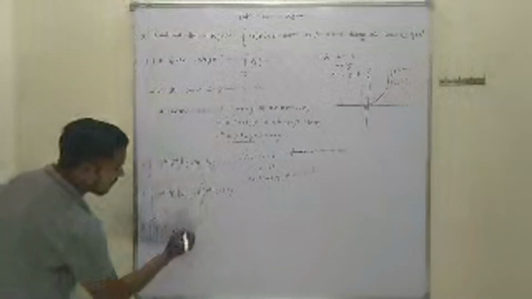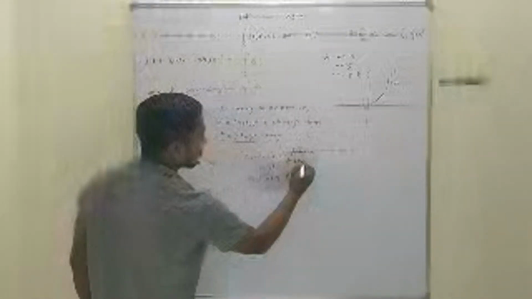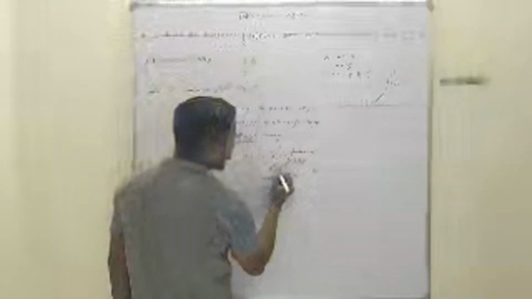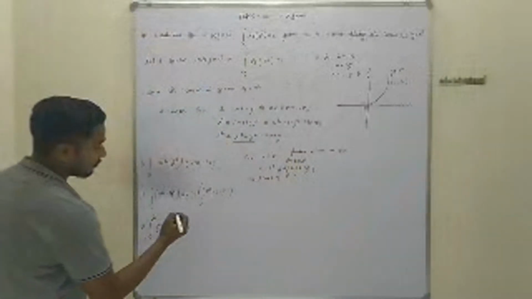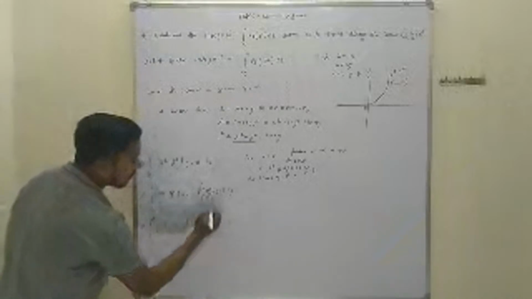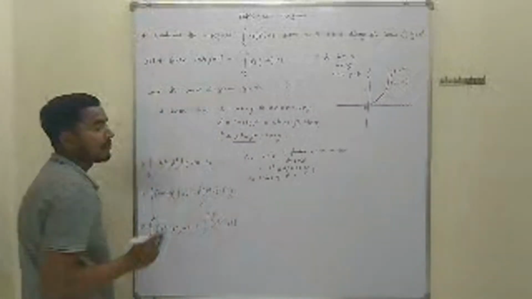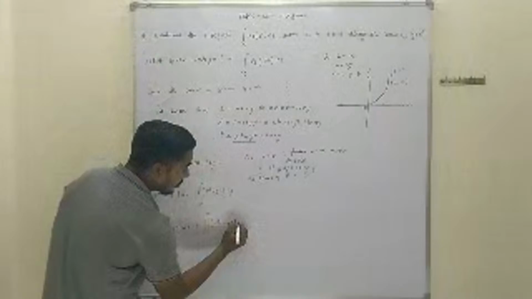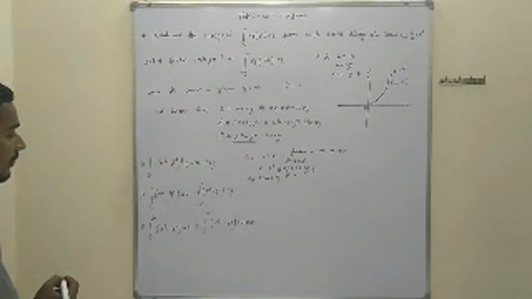In place of dx we put dt, so dx equals dt, and from here we get dy equals 2t dt. Then for the i term, the integral with limits 0 to 2, in place of x squared we put t squared, and y squared is t to the power 4, and in place of dy we put 2t dt. Further we integrate and we get the required result.